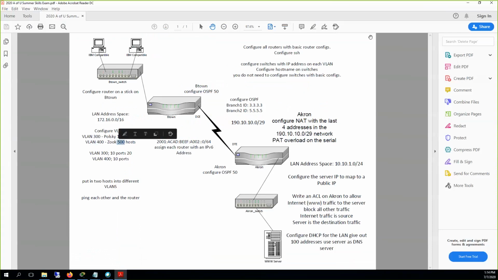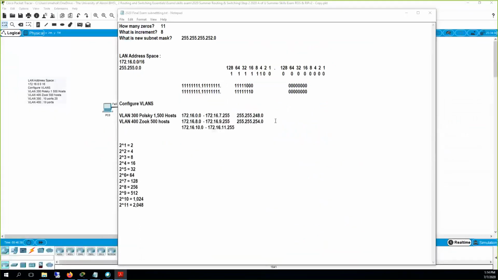So that's what we're subnetting at. And the second subnet would have been 9 bits, which gives us a subnet mask of 255.255.254 because of the 9 zeros. So there's your subnetting. And then you can see here your ranges that you can use. And I subnetted all the way to the next one.